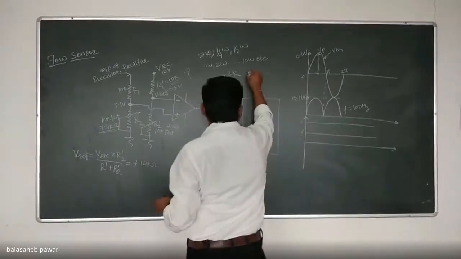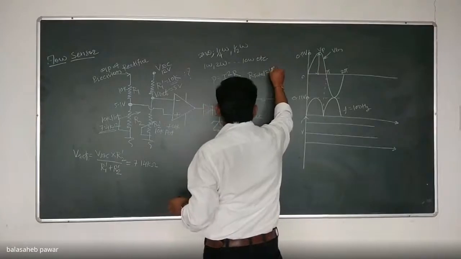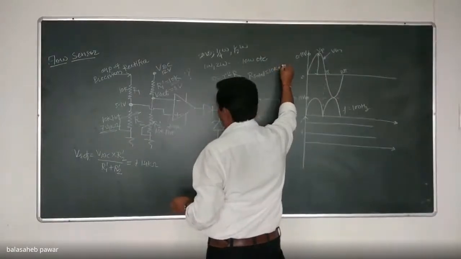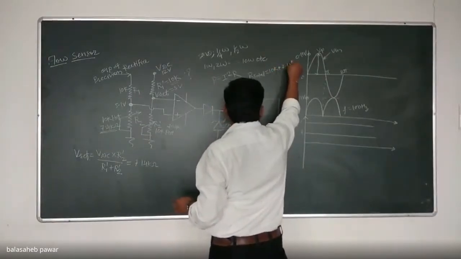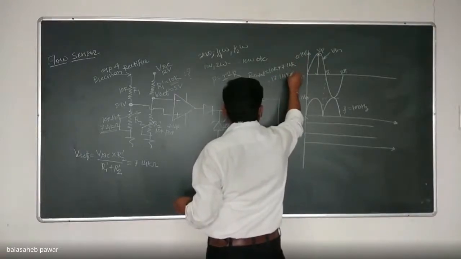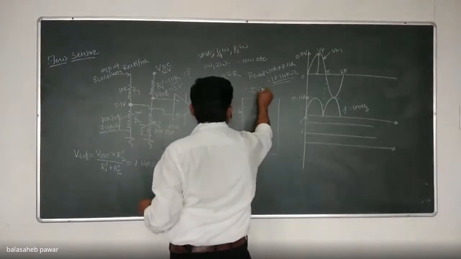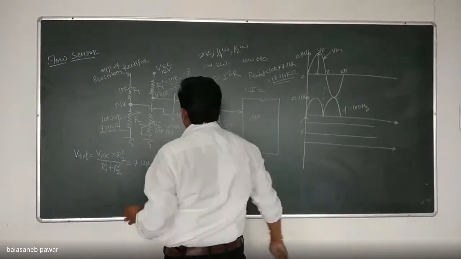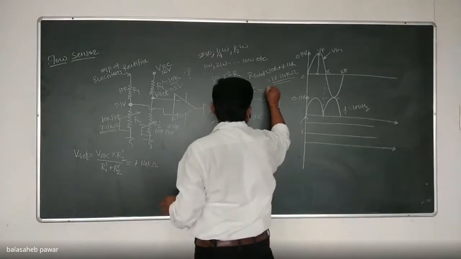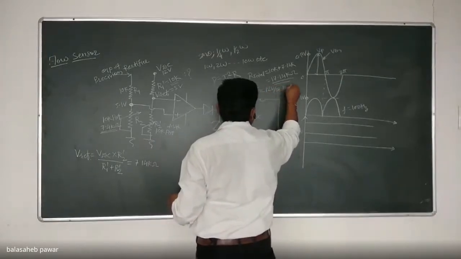R total, you have to write it like this. R total equals 10K plus 7.14K. Right now? So it will be 17.14 kilo ohms. Therefore, the current I flowing in this series equivalent circuit will equal 12 volts divided by 17.14 kilo ohms.